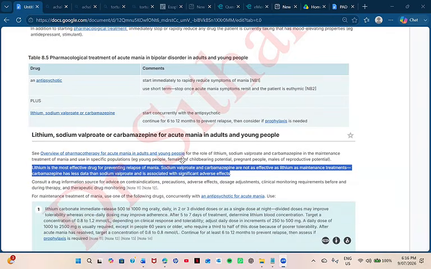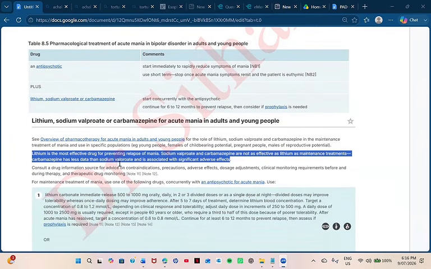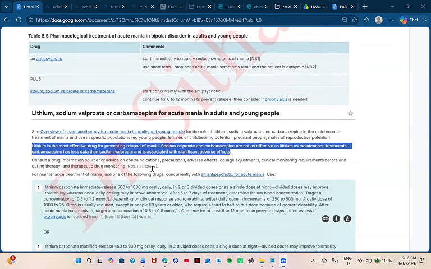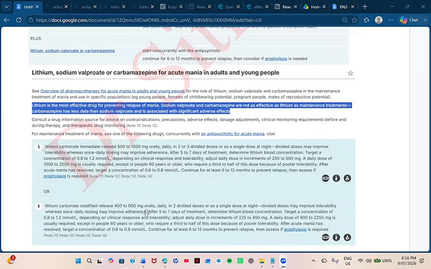So lithium, sodium valproate, these things. Lithium is the most effective drug for preventing relapses in mania. Sodium valproate and carbamazepine are not as effective as lithium in maintaining against relapses, right?